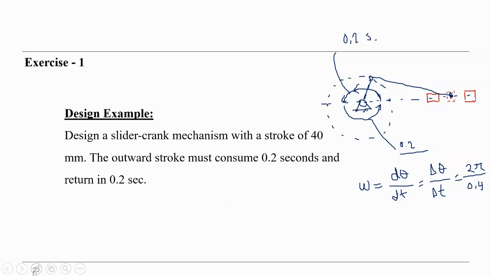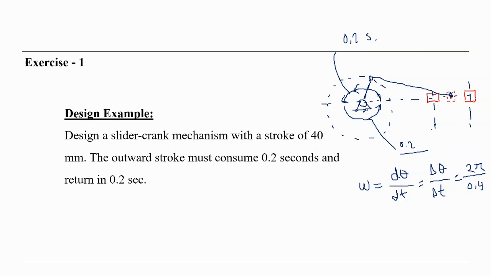in the advanced stroke, if let's say this goes in that direction, this is the advanced stroke. Let's think that this is limit position 1 and limit position 2.